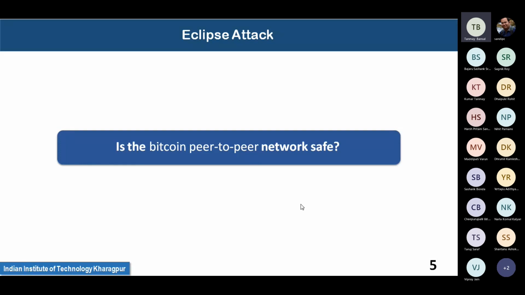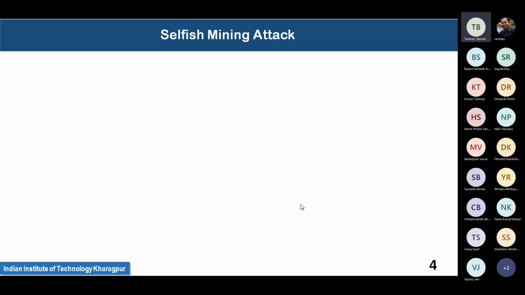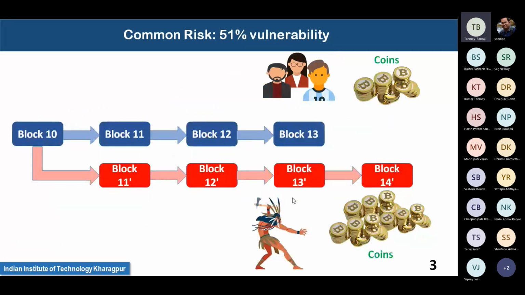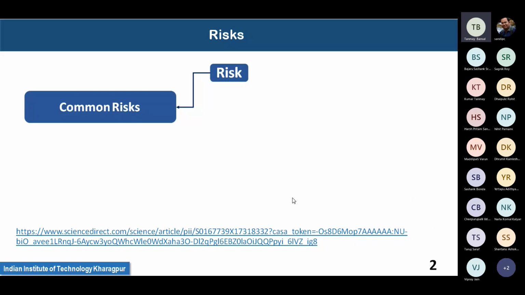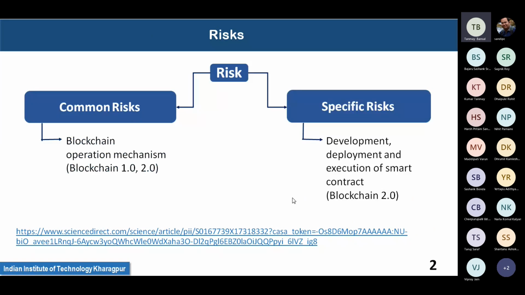To give you a quick recap, in this topic, we are discussing various types of security issues associated with blockchain, where we talked about some of the common risks and some specific risks.